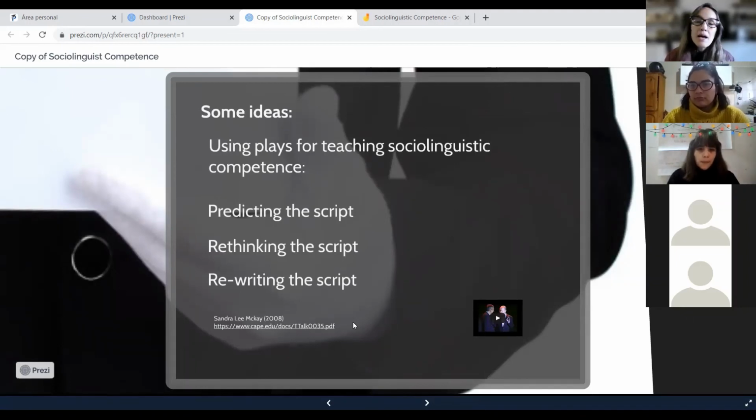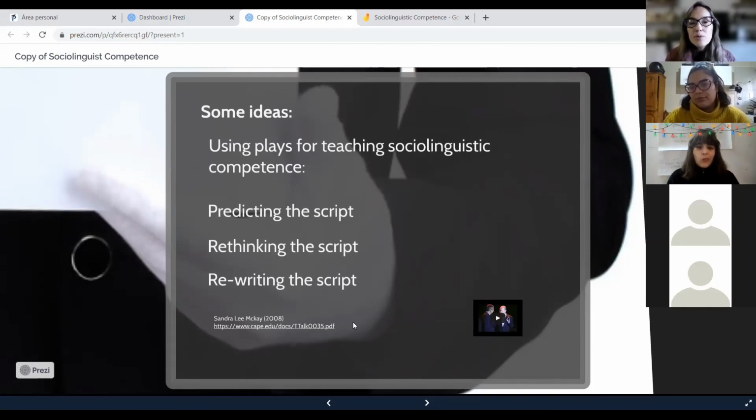Drama techniques allow us to include the situational part, putting our students into context in a given situation and thinking about the language they would have to use.